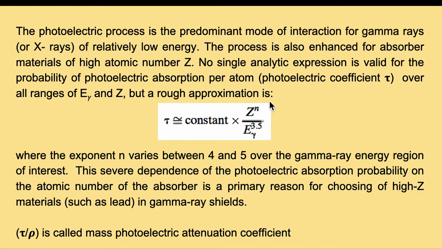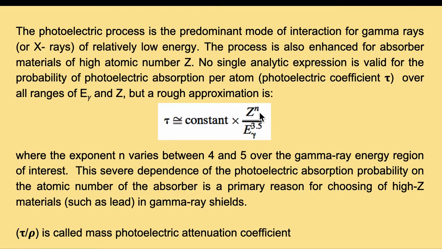But a rough approximation is that tau, the photoelectric coefficient, which is the probability of that photoelectric absorption occurring, is nearly a constant times Z^n divided by E_γ^3.5.